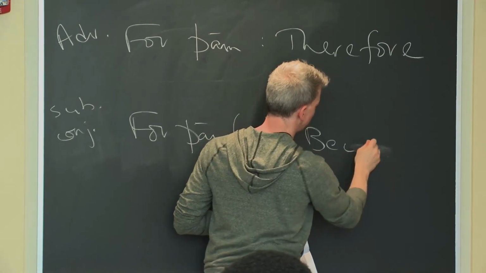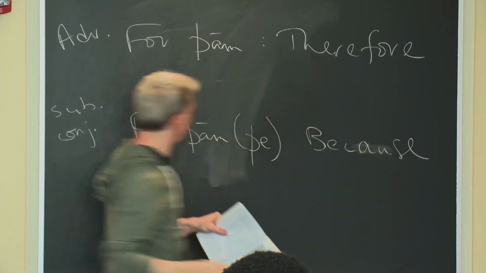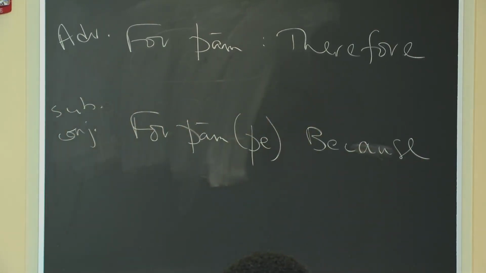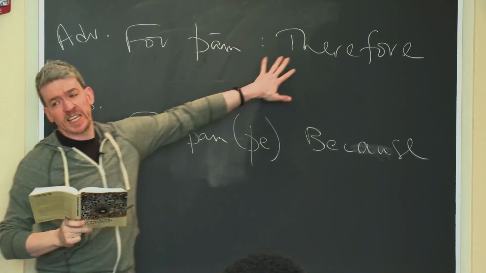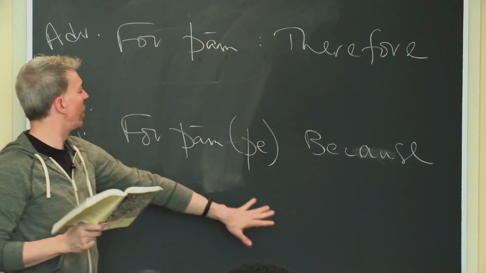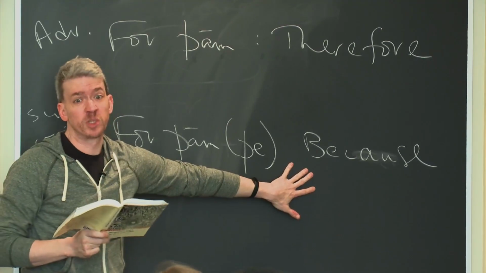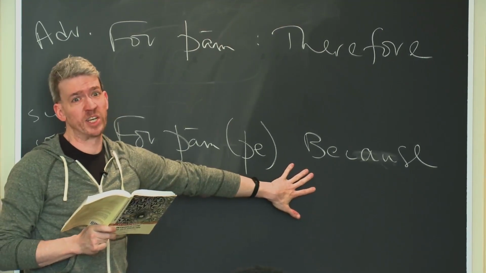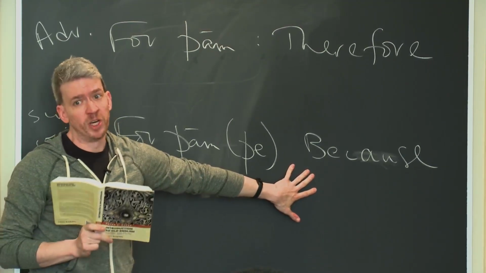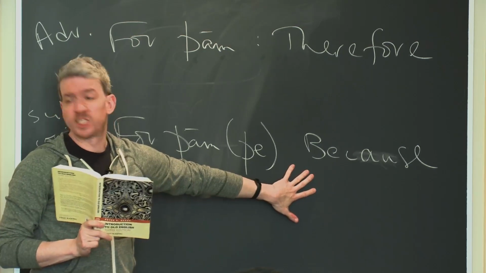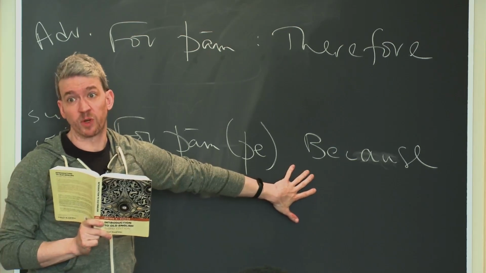All right. So the difference is that this adverb stands alone, right? Therefore, whereas the subordinating conjunction introduces a subordinate clause that's going to need to have its own subject and verb.